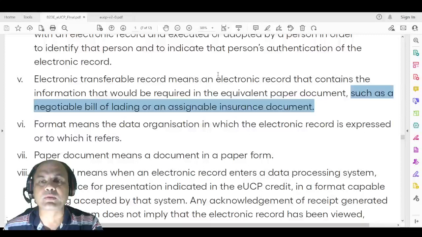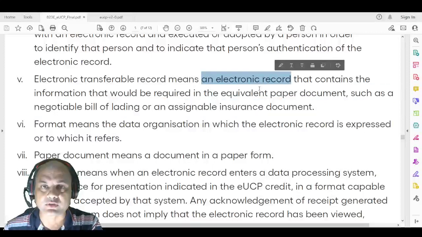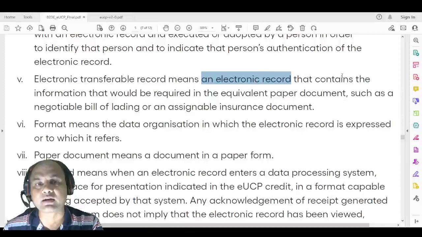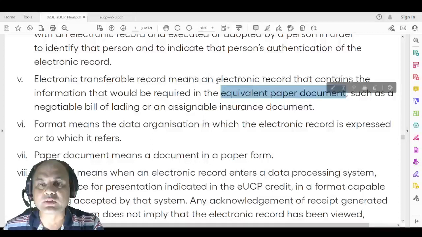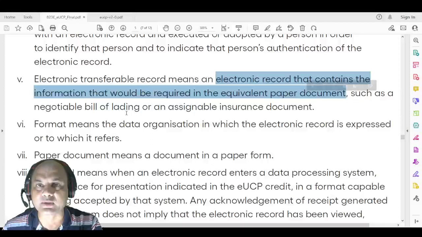Okay, so let's come back to this. Electronic transferable record means an electronic record that contains the information that would be required in the equivalent paper document. It doesn't mean all electronic records. Equivalent paper document means, suppose I want a physical negotiable document like a physical bill of lading.